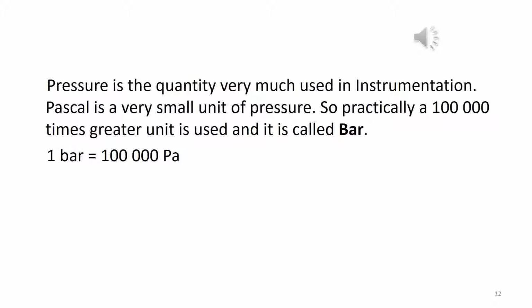Pressure is the quantity very much used in instrumentation. Pascal is a very small unit of pressure, so practically a 100,000 times greater unit is used, and it is called bar. 1 bar equals 100,000 Pascal.